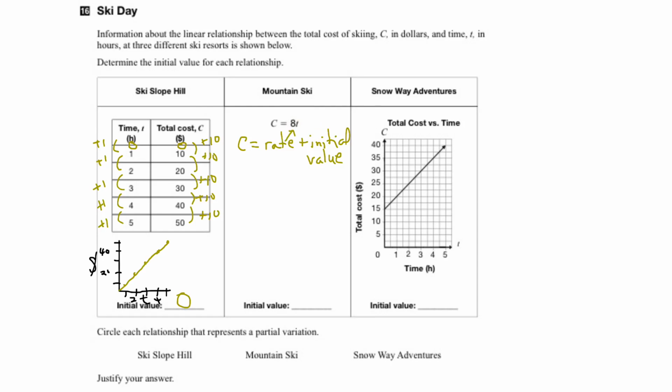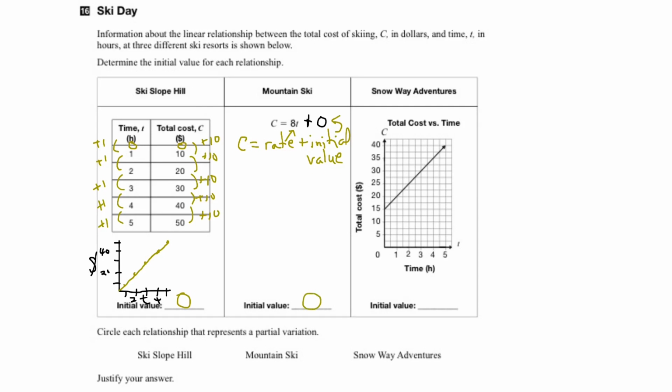And it represents the part of the equation that has the independent variable t in it. What we also notice is that there isn't any initial value. Well, what we can say then is that we could add 0 to this, and our initial value would be 0. Adding 0 to an equation doesn't change its value. So here we see that the initial value for this option is also 0.